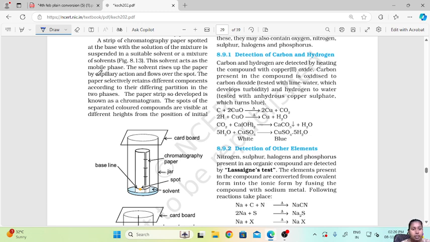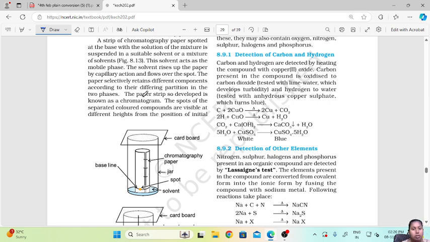The paper selectively retains different components according to their differing partition in the two phases. The components which are water soluble will remain on the paper, while the non-water soluble ones will move up with the mobile phase.